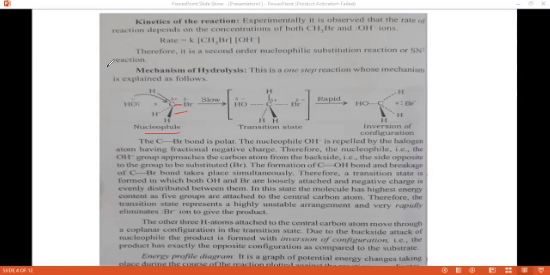In a front side attack, the nucleophile hydroxide ion attacks from the same side where the leaving group is present, resulting in the retention of configuration in the product.